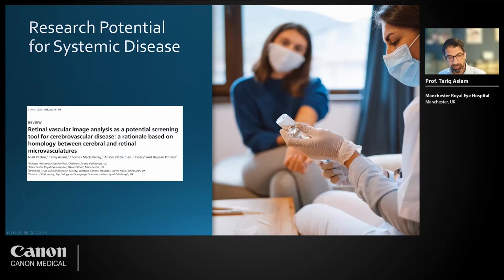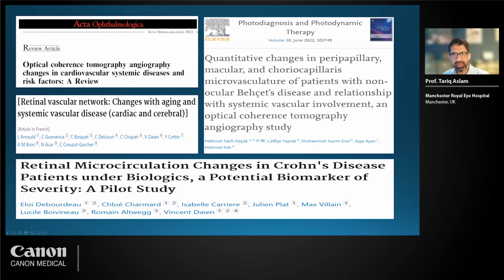But this is a paper from 2005, before all the exciting OCT-A technology was widely available. And even back then, there was a lot of interest in the potential for retinal vascular image analysis to unlock information about systemic disease. And there's been a lot of work that's looked at the correlation between retinal vessels and cerebral vessels, mainly because of the unified embryological nature of their origins.